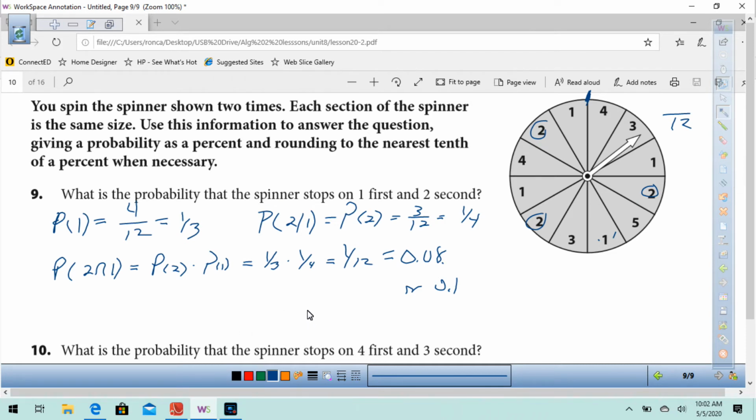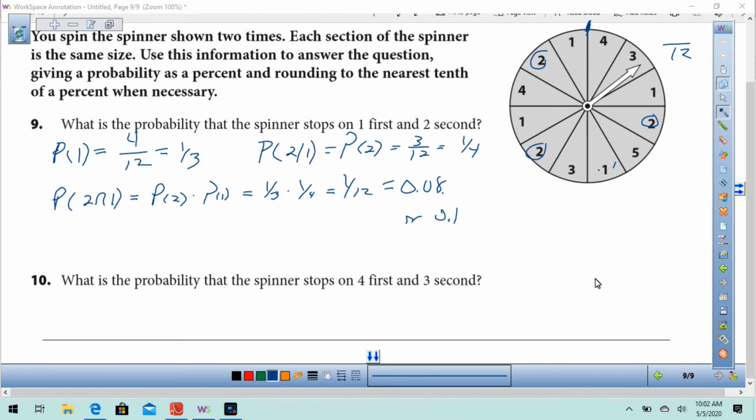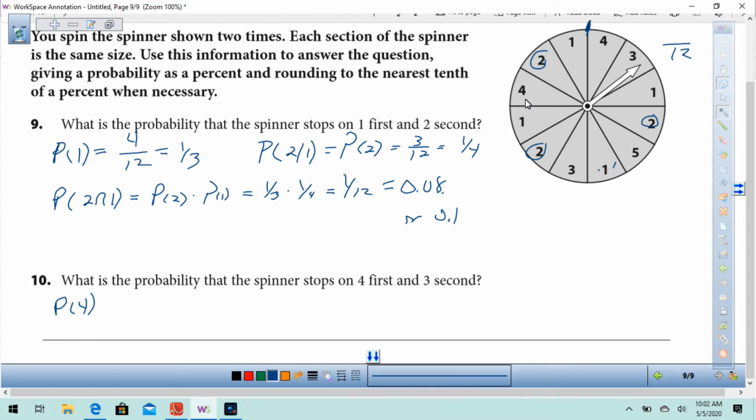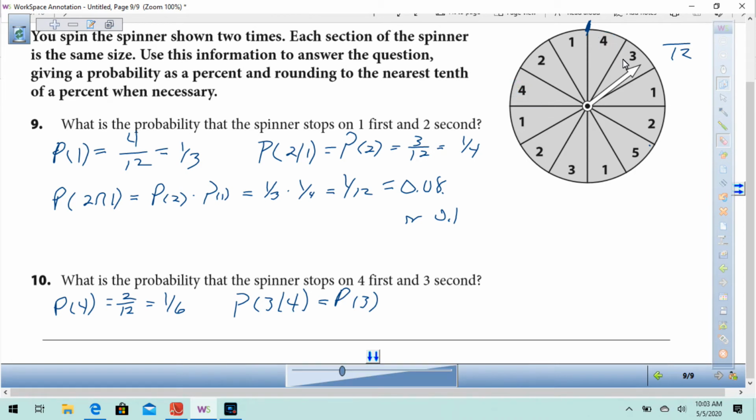What is the probability that the spinner stops on 4 first and 3 second? So the probability of 4. Well, we got 1, 2 4s. So that's going to be 2/12, which is 1/6. And the probability of a 3 given 4, that's going to be the same as the probability of a 3. Well, how many 3s are there?